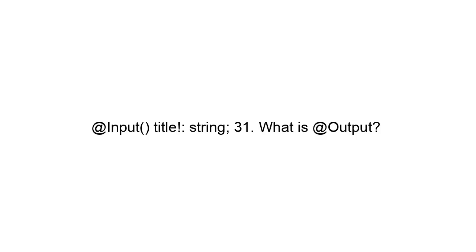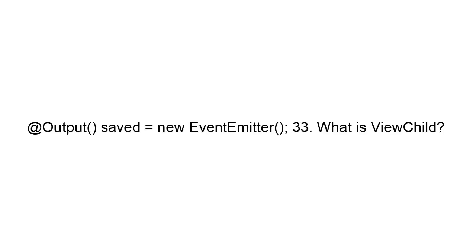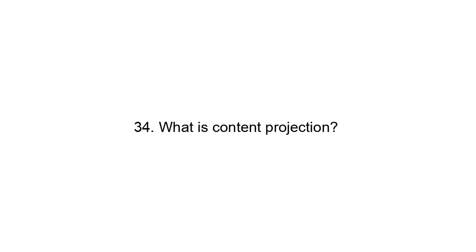31. What is @Output? Sends events to parent component. 32. What is EventEmitter? Emits custom events. Example: @Output() saved = new EventEmitter(). 33. What is ViewChild? Access child component or DOM element. 34.